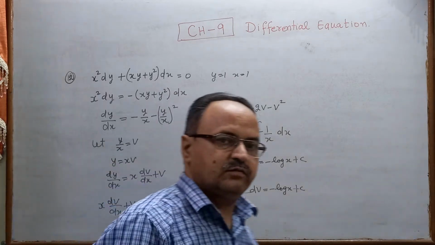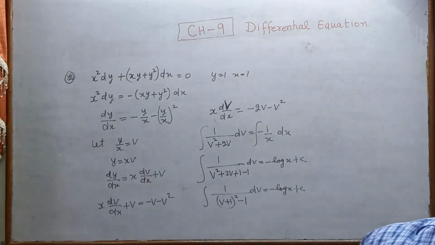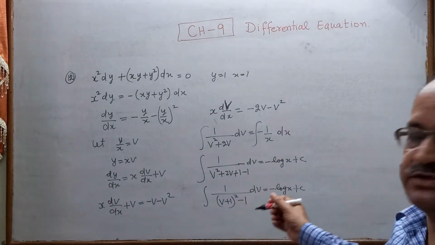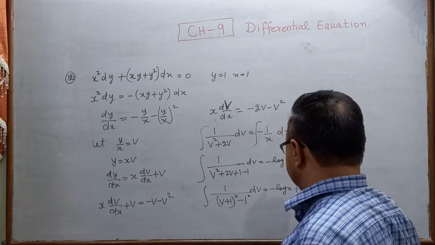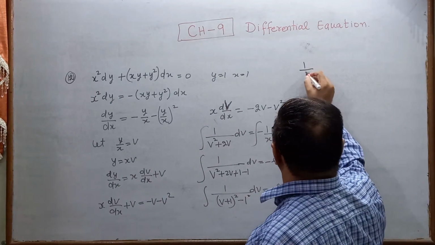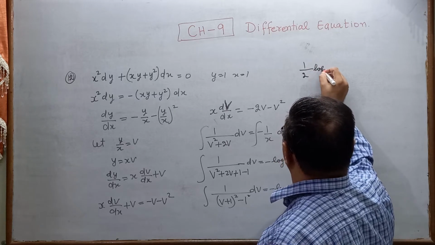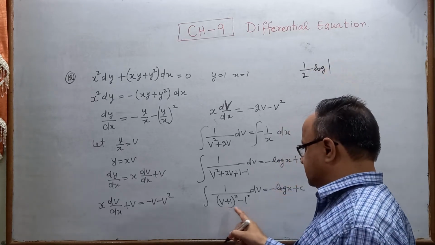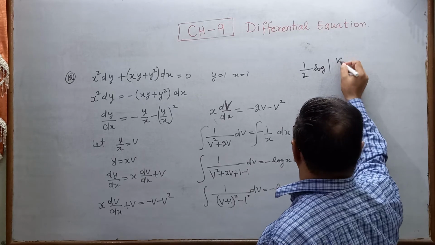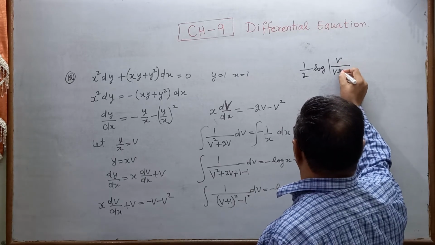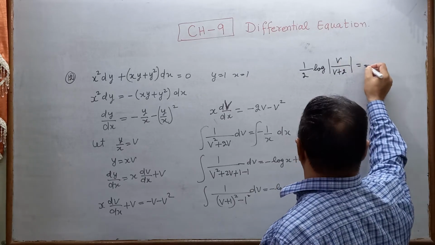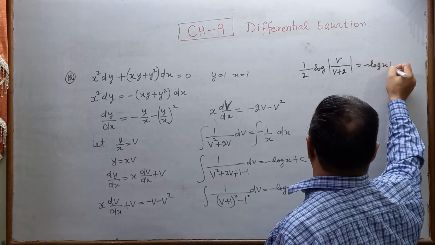Therefore, formula: integration 1 upon x square minus a square is 1 upon 2a log of x minus a upon x plus a. That is the formula you know. It means the result is in terms of v, equal to minus log x plus c. Correct?